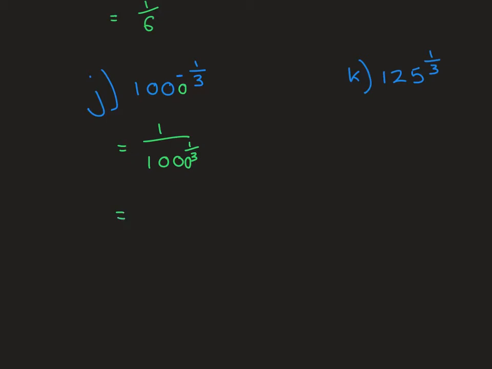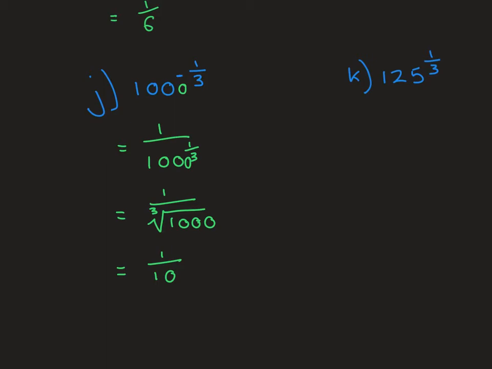Okay, so what this is now equal to is 1 over the cubed root of 1,000. Now the cubed root of 1,000 is 10, because 10 times 10 times 10 is equal to 1,000. So the answer that we're looking for is 1 over 10, or 1/10.